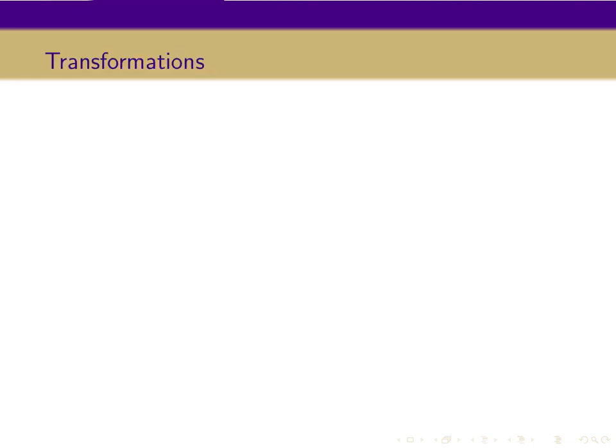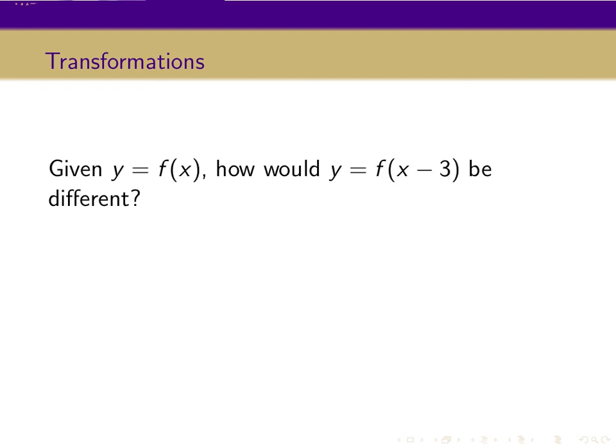Okay, so now let's talk about some transformations of functions. So let's assume that we have some function, we know its graph, y equals f of x. Okay. So given this function, y equals f of x, how would the graph of y equals f of x minus 3 be different? Okay, and so if you notice, what we're changing is what we're plugging into the function.